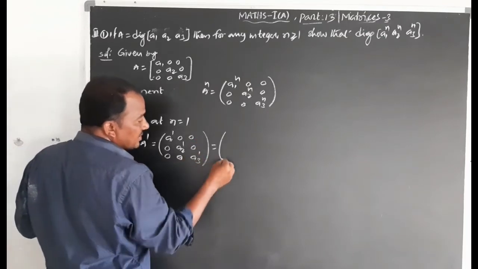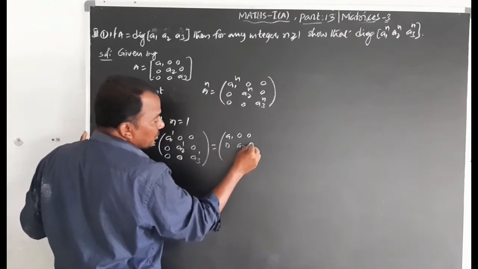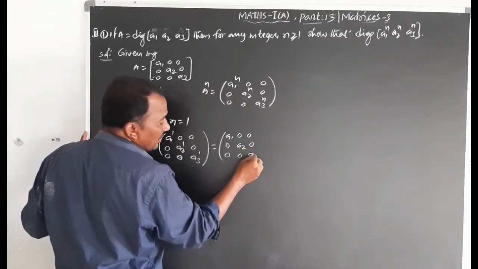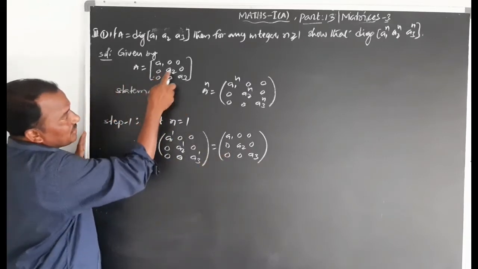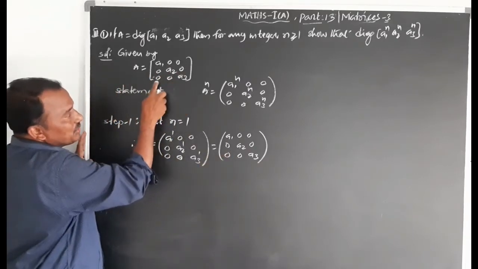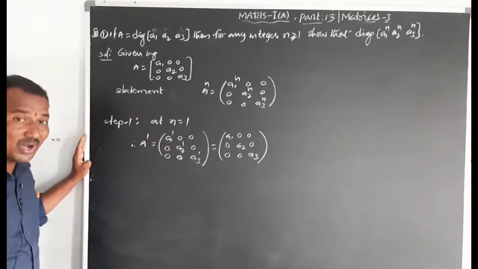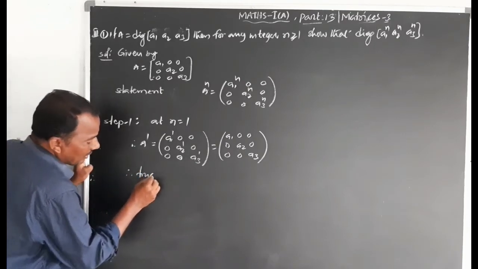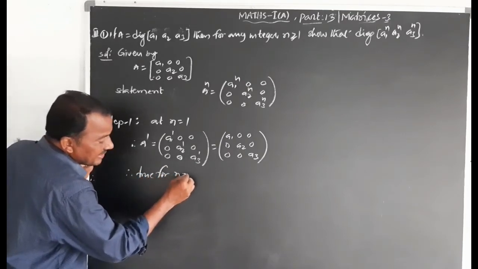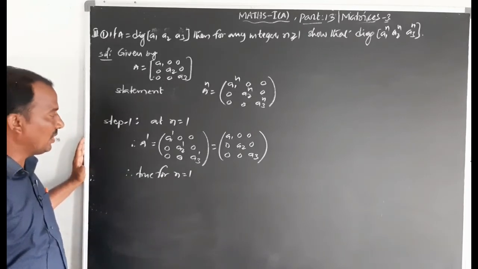That means A1 0 0, 0 A2 0, 0 0 A3. So it is the given matrix. So we substituted the value n equals 1. Therefore, true for n equals 1.